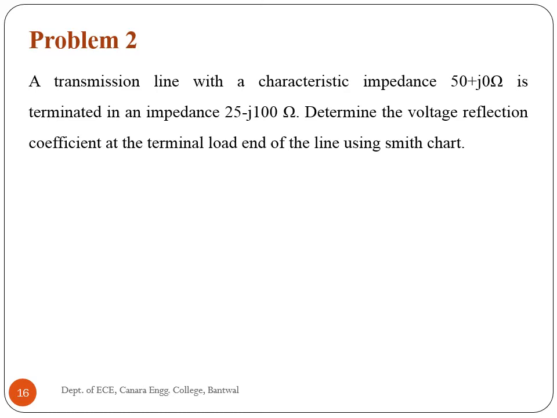Second problem: a transmission line with a characteristic impedance 50 plus J0 ohm is terminated in an impedance 25 minus J100 ohm. Determine the voltage reflection coefficient at the terminal load end of the line using Smith chart. Given Z0 is equal to 50 plus J0 ohm, ZL is equal to 25 minus J100 ohm.